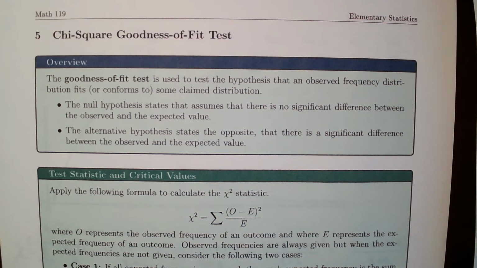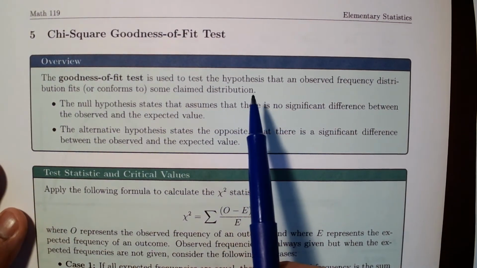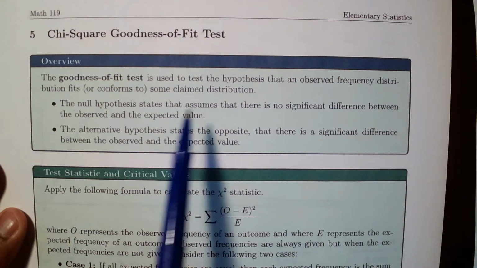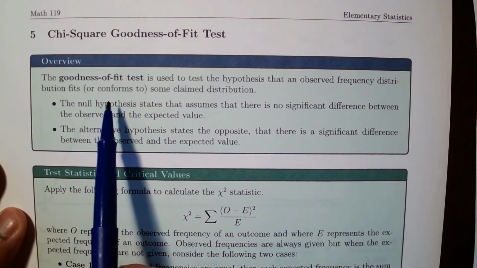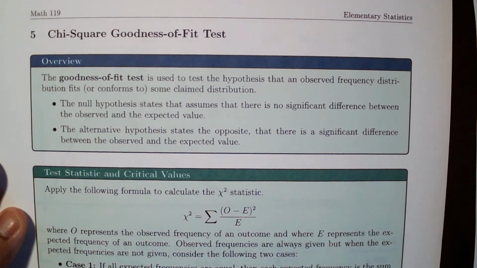Alright, so in this video we go over an application of the chi-square distribution to the goodness of fit test, as a continuation of this chapter. This test is used to determine whether an observed frequency distribution fits or conforms to some claimed distribution.